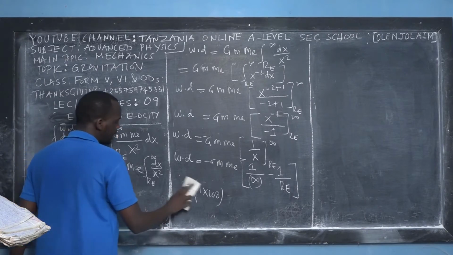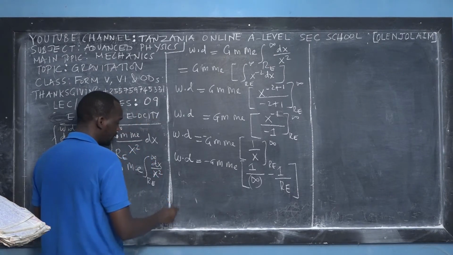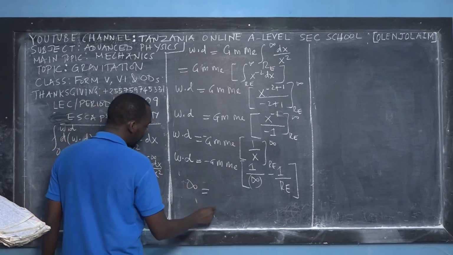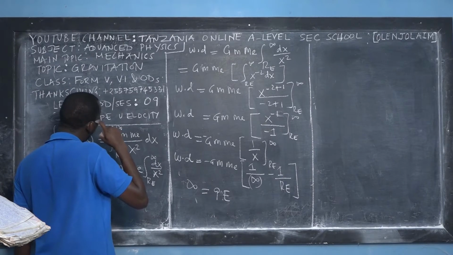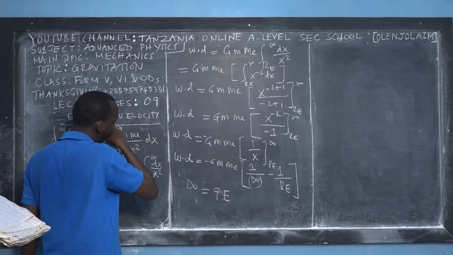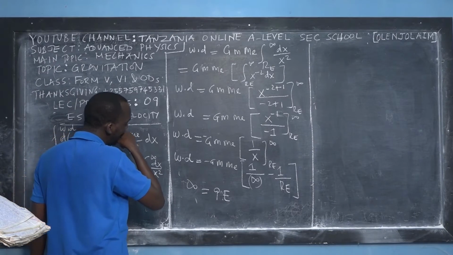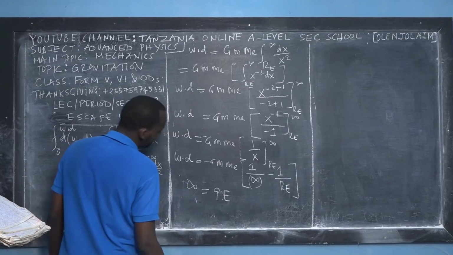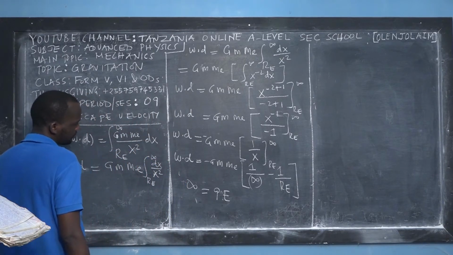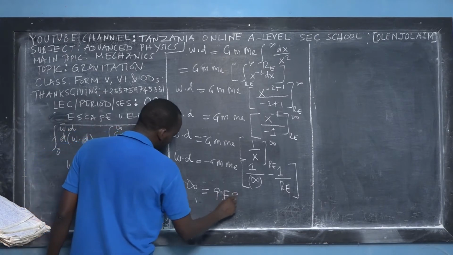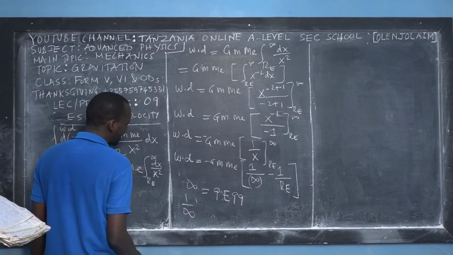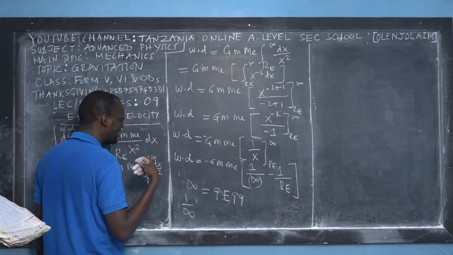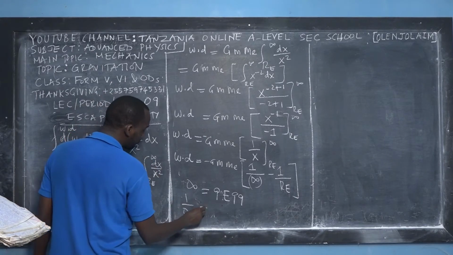Because we want to understand infinity, suppose the value of infinity is 9 exponent 99. So if you find one over a very large number, now one is small, then over what is a very large number, the answer always is 0.